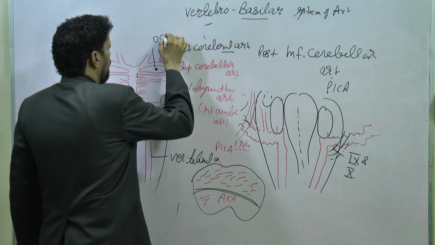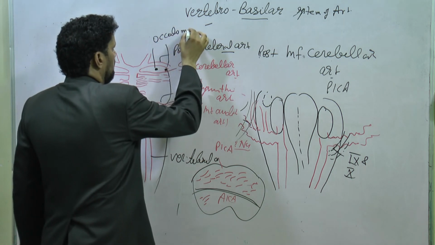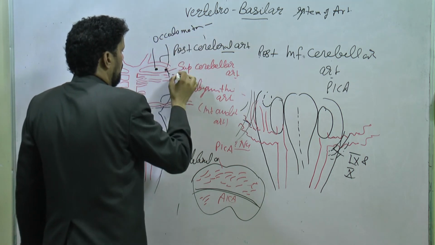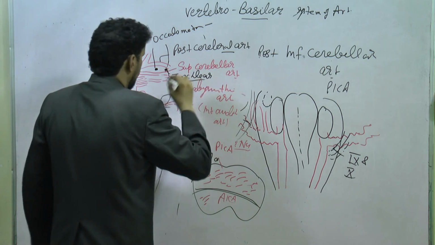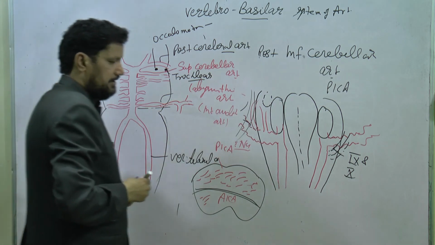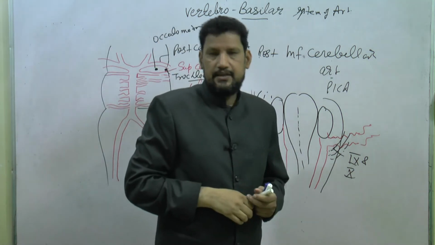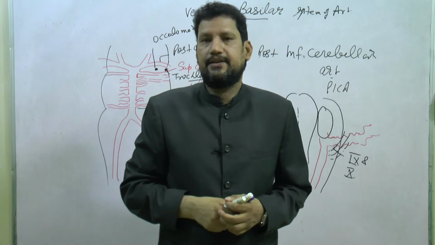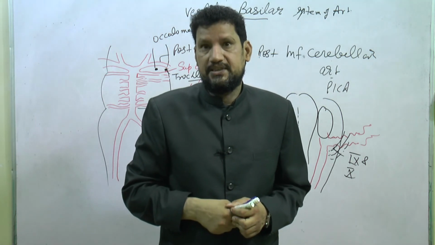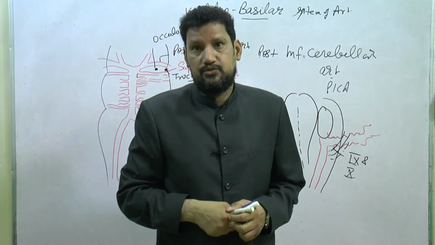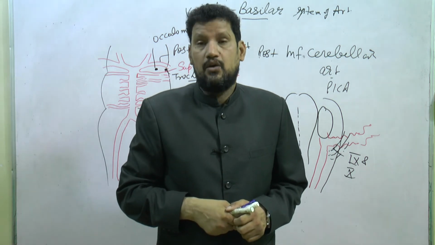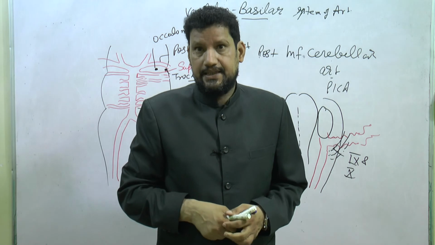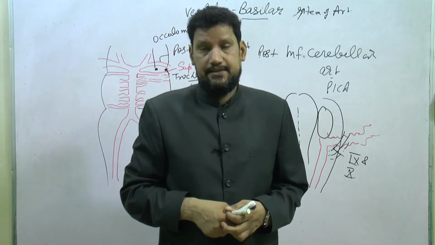So this is the oculomotor and this is the trochlear. The superior cerebellar artery runs backwards and laterally, reaching the superior surface of the cerebellum and supplying blood to it, anastomosing with the PICA and AICA.